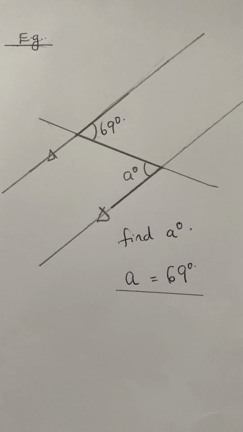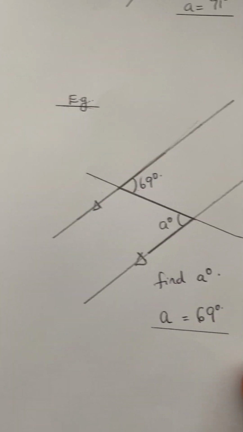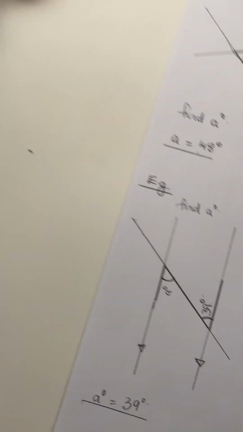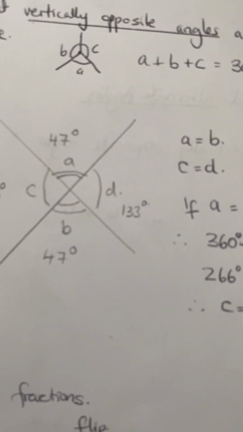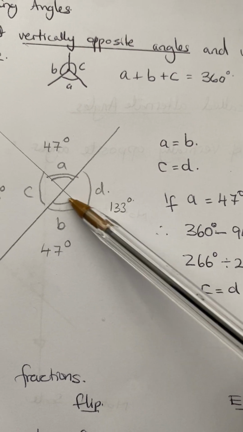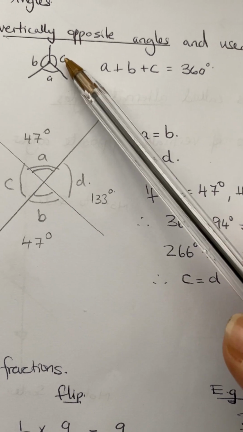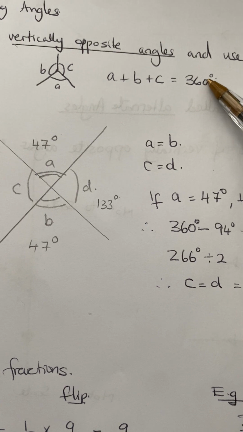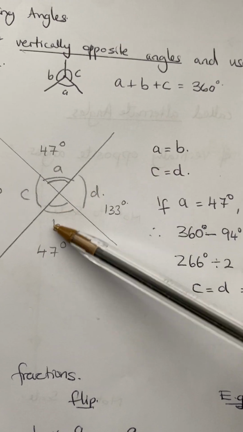That will be our last example for today. Today, I have done a recap of what we did yesterday using vertically opposite angles, and in the introduction where we said the angle at a point is 360, which we applied yesterday.